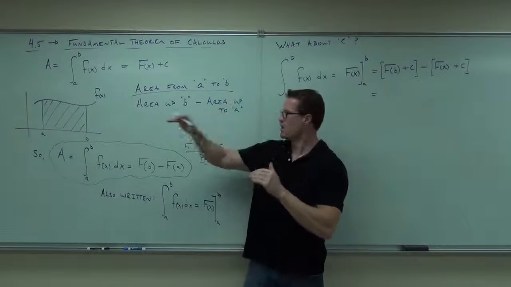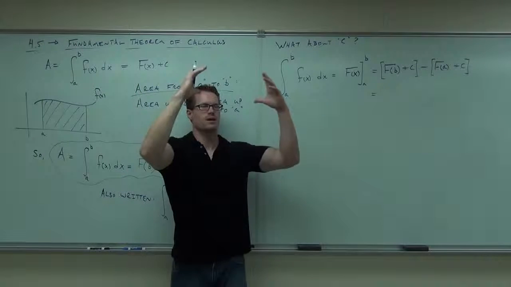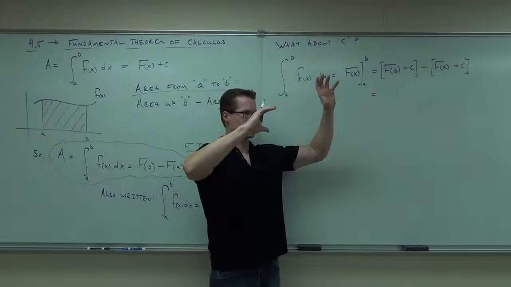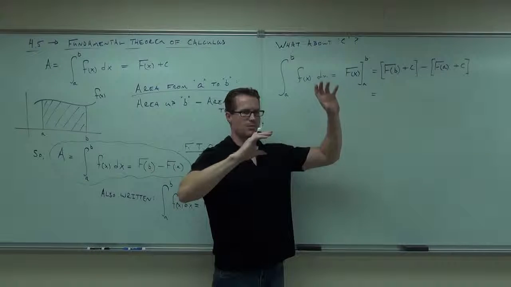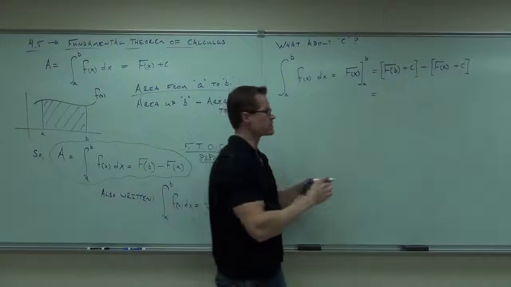Remember, the plus C is just the height of your function. Even if it's way up here, same type of function, just way up there. But both of them would be way up there. In F of b plus C and F of a plus C, we're subtracting out that plus C part. The plus C's will be eliminated from your equation.